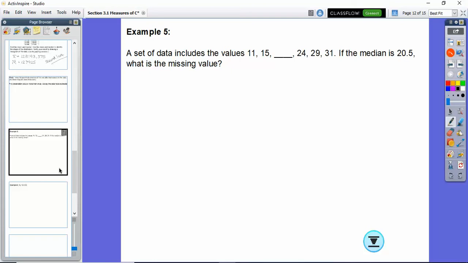So how do we find median? Median is the middle. These are already in order from small to large, right? So I'm just going to call this one X for a moment. If I were finding the median, these 2 would cancel out, these 2 would cancel out. What would I have to do with these? Divided by 2, and what does it equal?